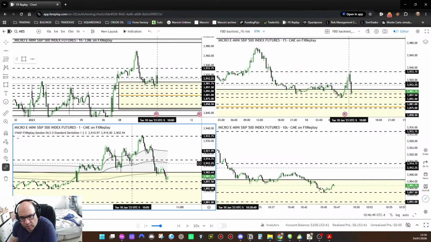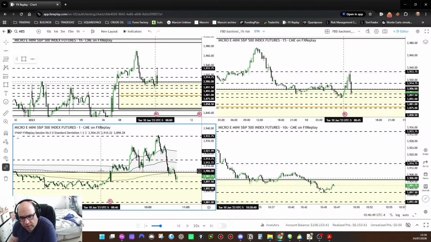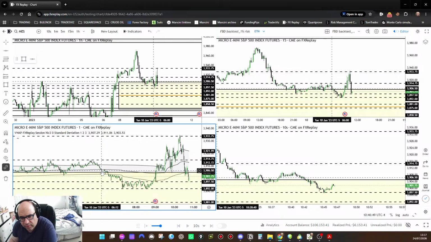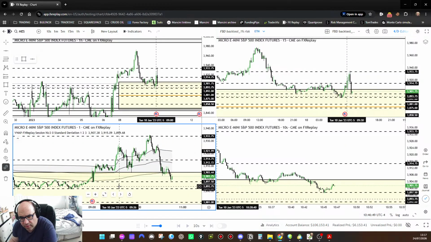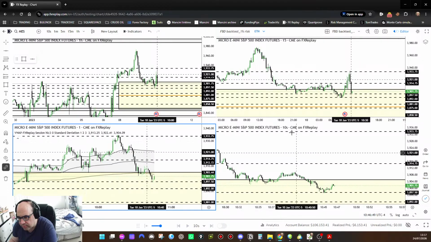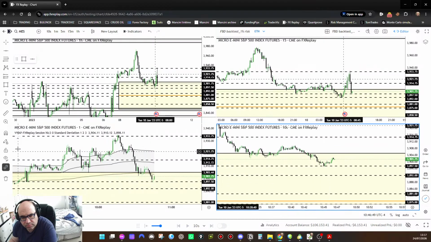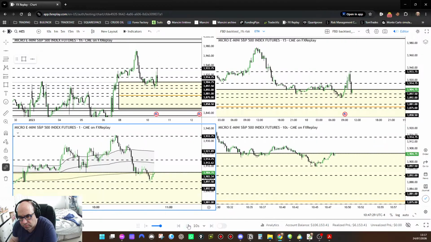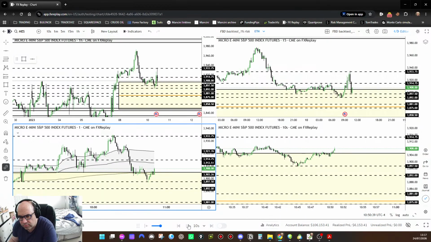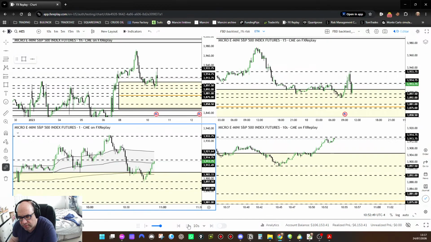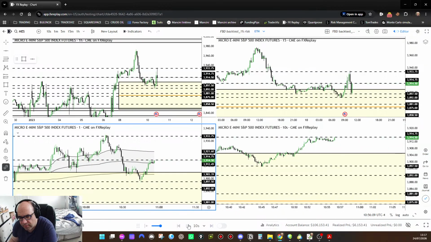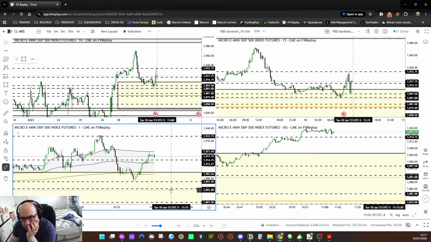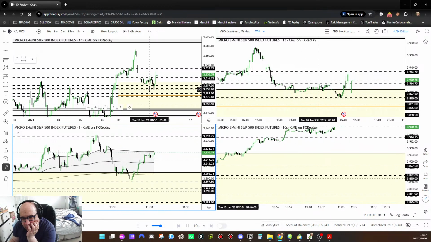So we're going back into the overnight low, which was this one. Let's see what's going to happen here. There's no fail breakdown yet, just to remind you. The fail breakdown would be if we break this low here.